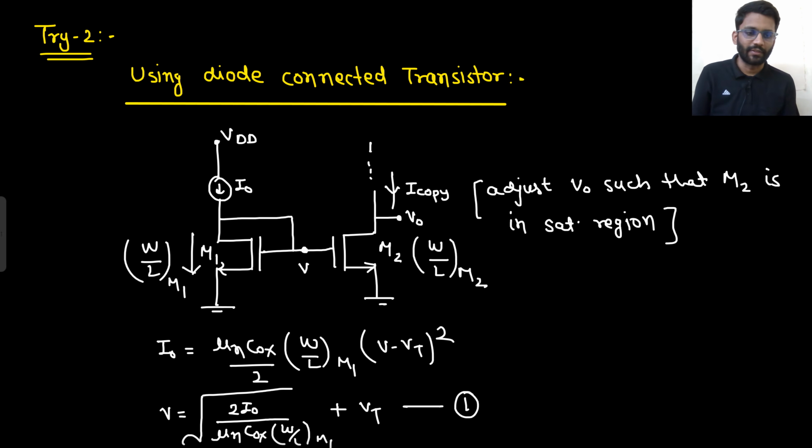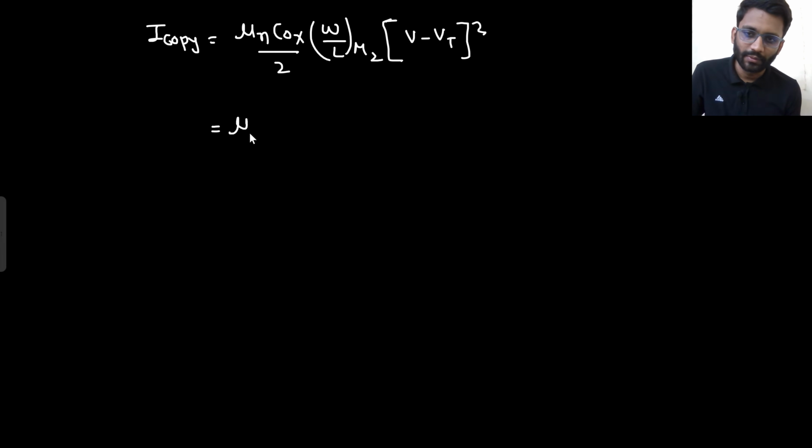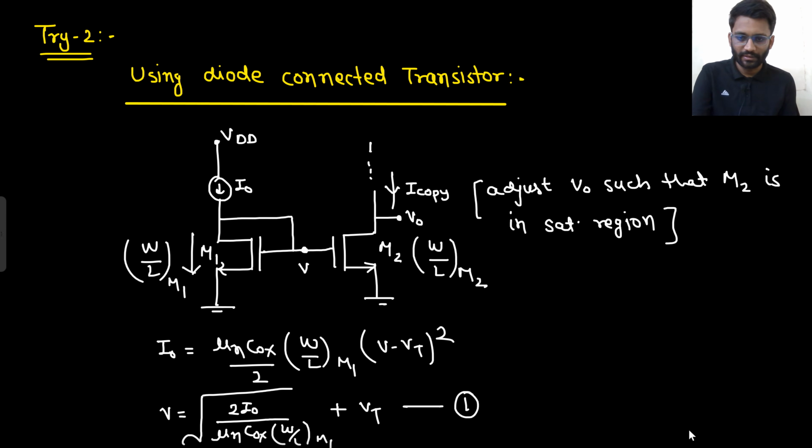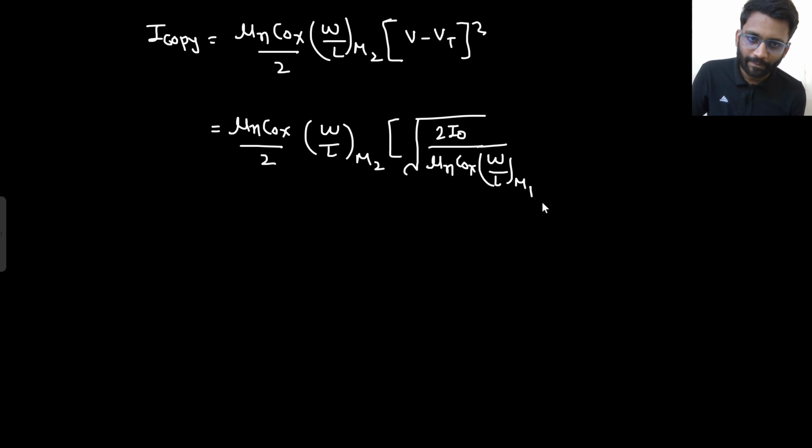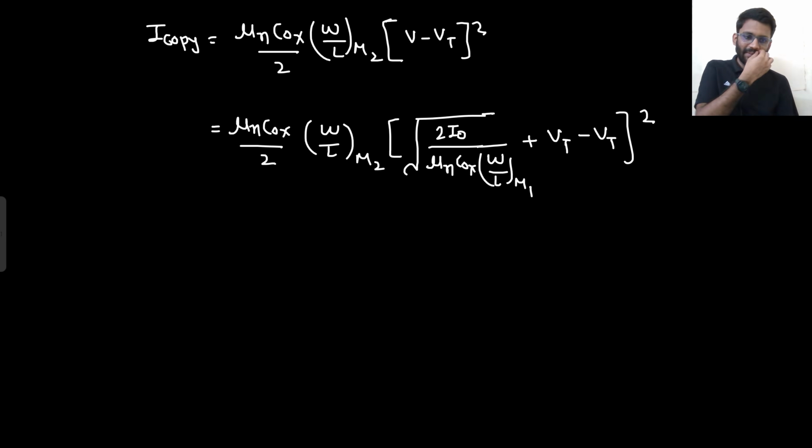V is root of 2 I naught upon mu n Cox W by L of M1, plus Vt, minus Vt, whole square. I replaced V here, nothing else.